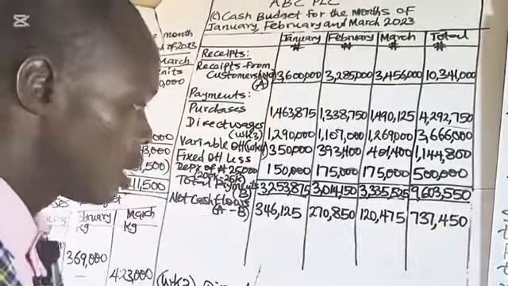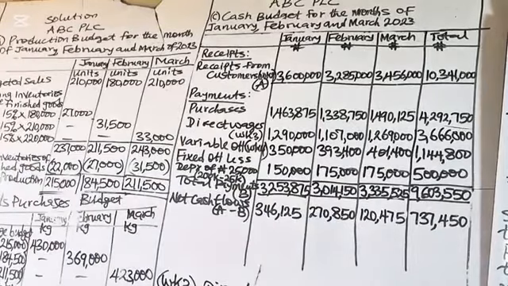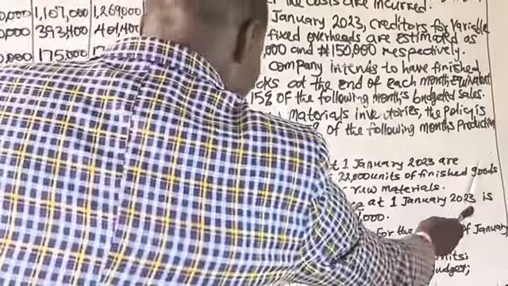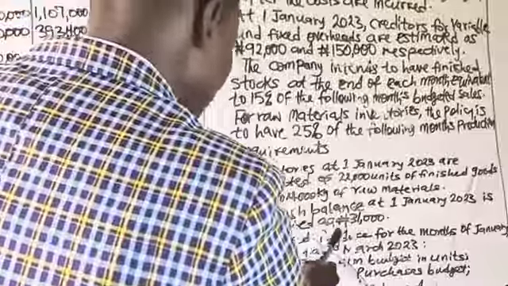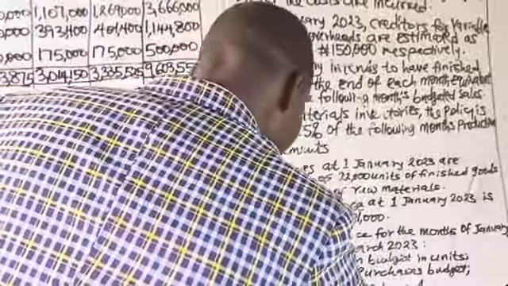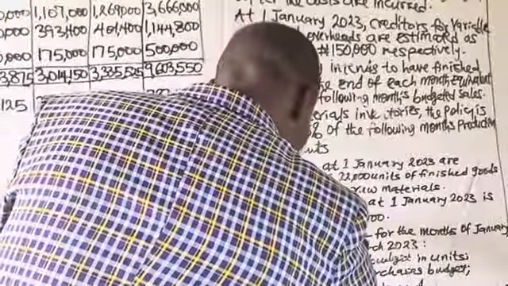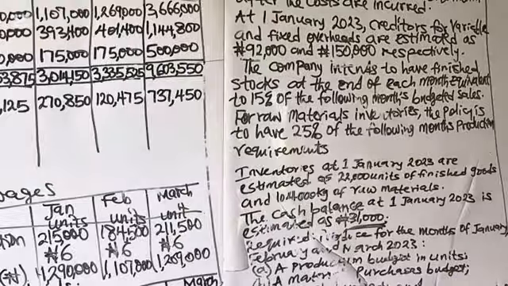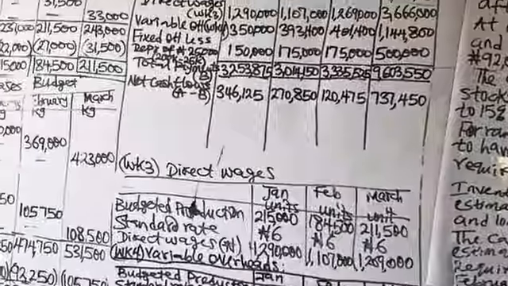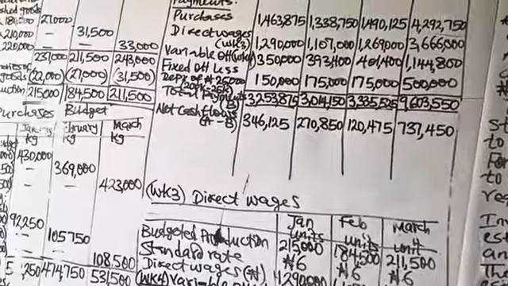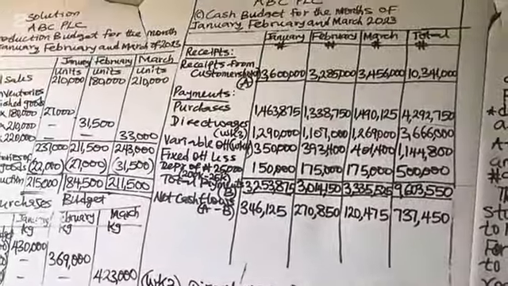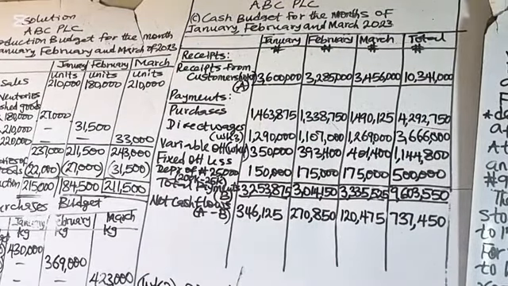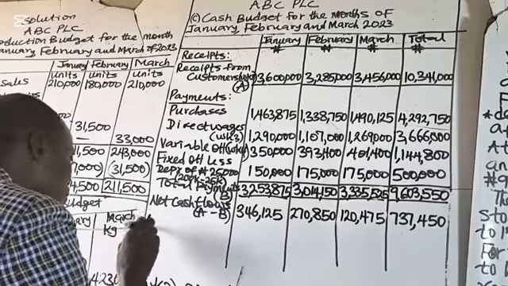Now, in the footnote, you were told the cash balance at 1st of January 2023 is estimated as 31,000 naira. So we have 31,000 naira as the opening cash balance. This opening cash balance will be included in our cash budget.